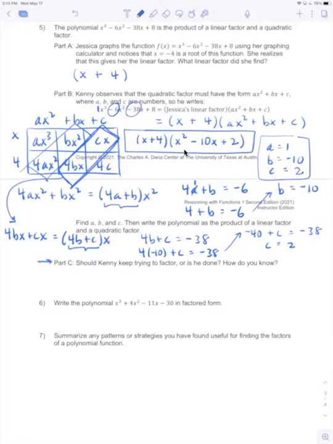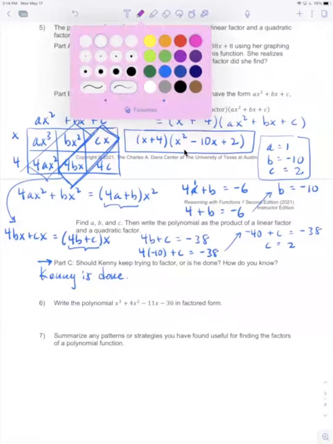Part C, down here now. Should Kenny keep trying to factor, or is he done? And how do you know? Well, Kenny is done. We know Kenny's done because if we look at, gosh, it's getting so crowded, let me just highlight this in a different color.